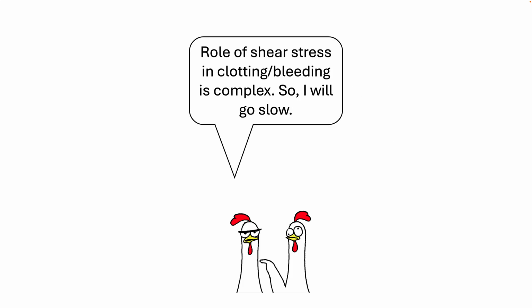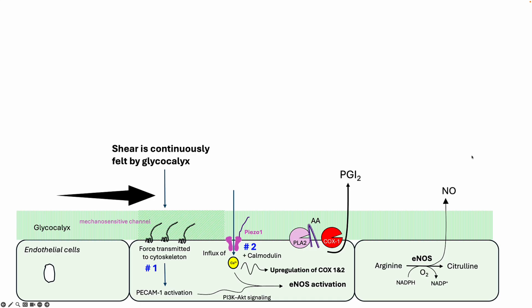The role of shear stress in clotting and bleeding is complex, so I'll go slowly. Shear is continuously felt by the glycocalyx, and there are mechanosensitive channels on the endothelium, which via the PKM1 pathway and calcium calmodulin pathway upregulate COX-1 and 2 and stimulate your endothelial nitric oxide synthase.